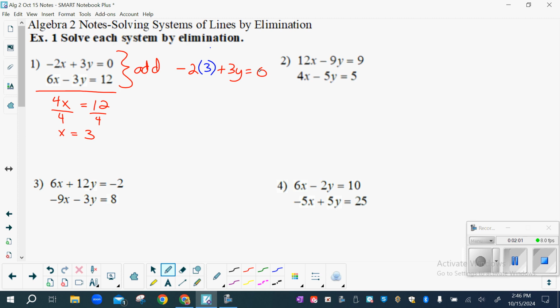So we get negative 6 plus 3y equals 0. And so now we're going to add 6. 3y is 6, and then divide by 3, and y is 2.